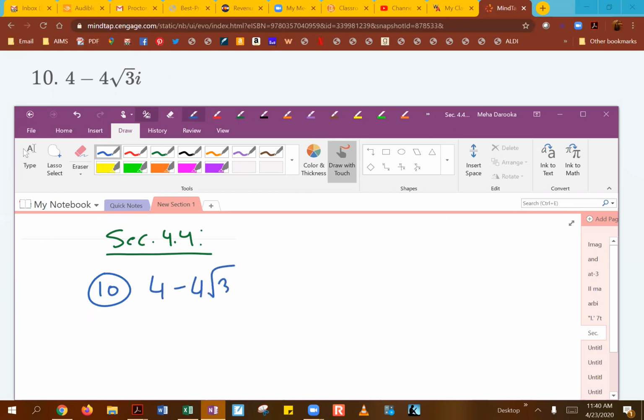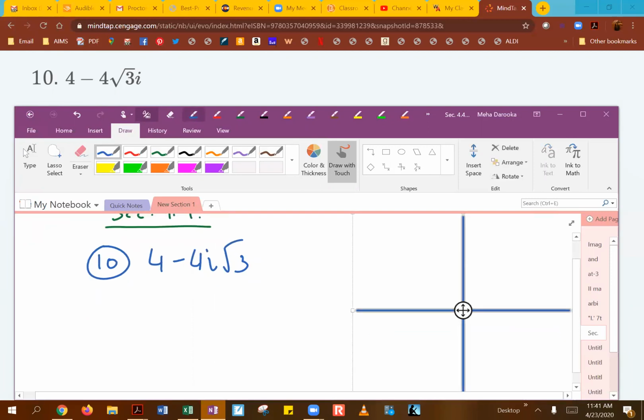So if we had to, that's not how I want to write it. Put i in the middle. Okay, so if you wanted to graph this, where do we place it?